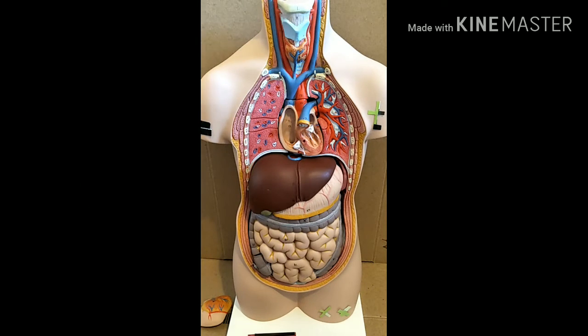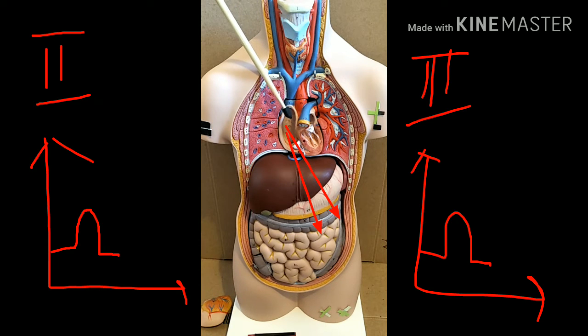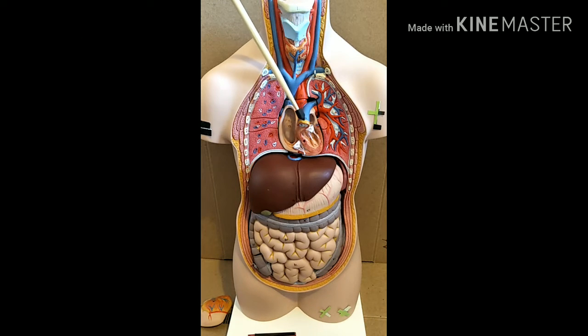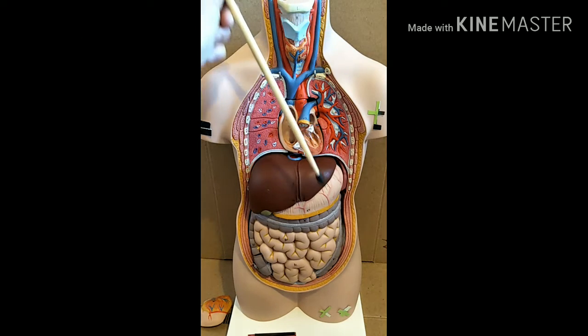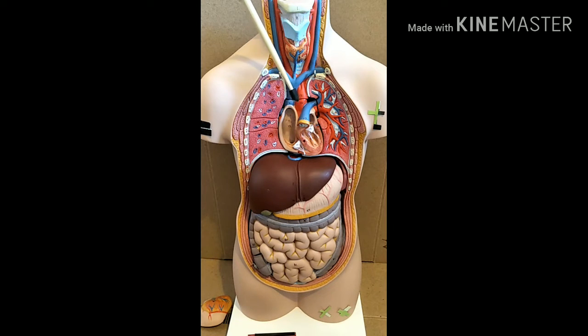How about limb leads 2 and 3? The same thing will happen because your wave of depolarization is pointing in this direction. In limb leads 2 and 3, the positive electrode is at the left leg, and the pointer is pointing towards the positive electrode, so limb leads 2 and 3 will also show an upward deflection.